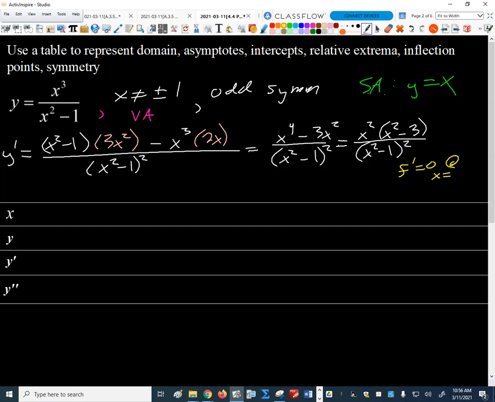Okay, good, good. So we got x equals 0 or plus or minus the square root of 3, right? From this factor, and then I get 0 from that factor. Okay, good.